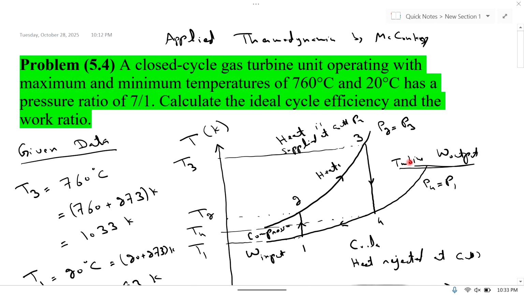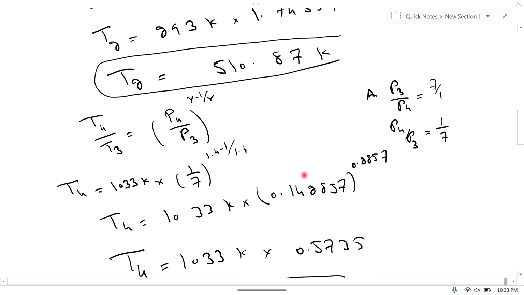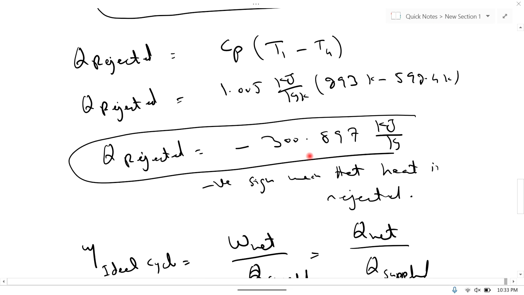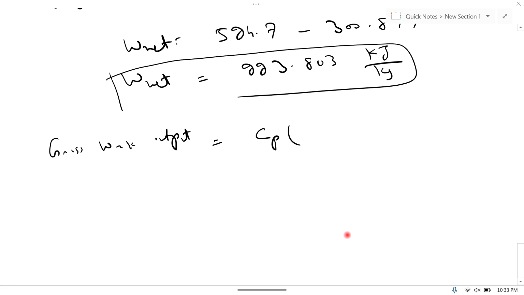This is the turbine work output, basically the gross output. So T4 minus T3 or T3 minus T4: T3 minus T4 will be positive, and T4 minus T3 will be negative, the negative sign meaning work of expansion. So I write T3 minus T4 so that the work is positive.